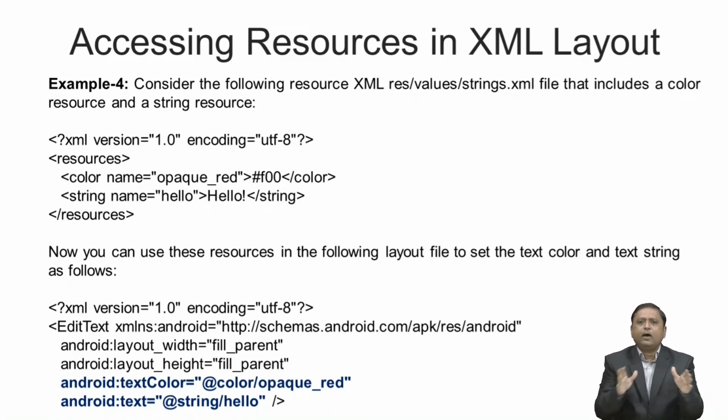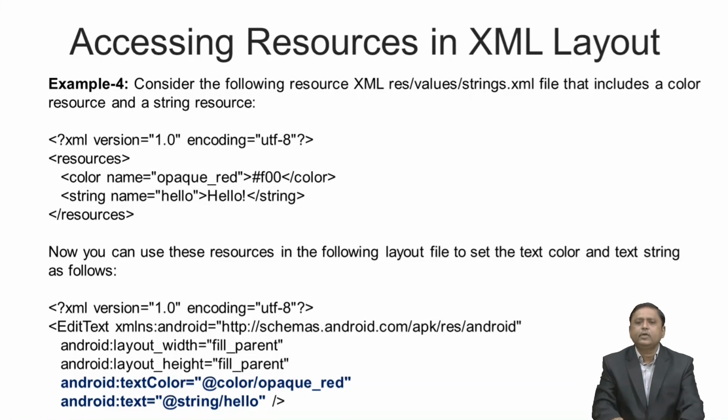So, this is how we can access a resource inside a layout file, and we can also access all the resources programmatically, and the use is very simple. While you are using it in XML layout, you have to always start with @ and then the subdirectory which refers to the type of resource and slash, and all the available resources will be displayed automatically.